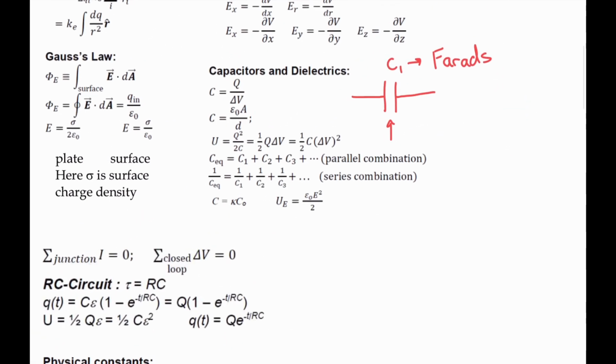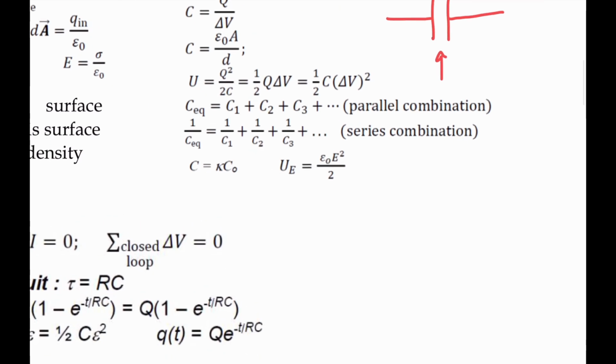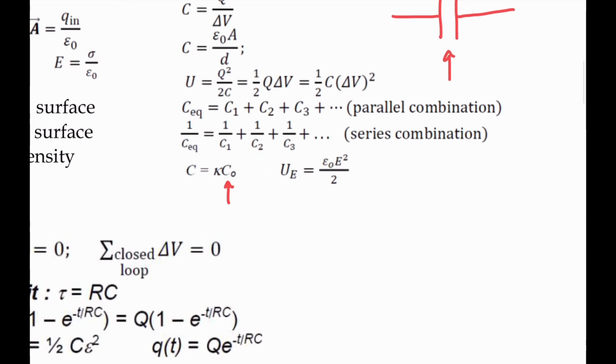And finally, over here, you have the capacitance, C0, if there is a dielectric constant kappa between the capacitor plates. So this is a problem if you have some other medium here.